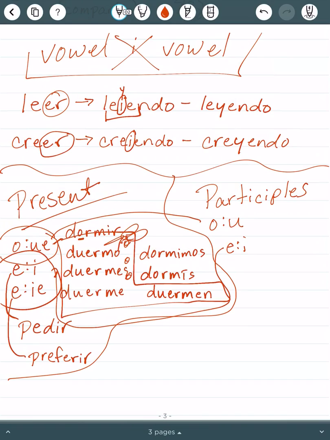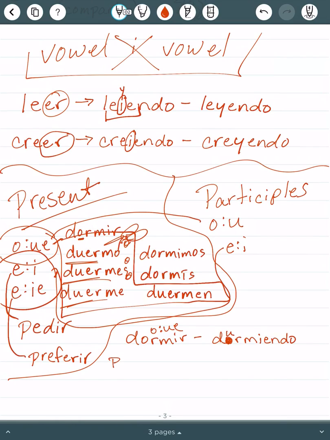So here's what we mean by that. Dormir, it's O to UE in the present tense. If we just follow the rules of what I've told you, it should be dormiendo, but because it's a stem change verb, we're going to keep that U. So we're going to change that O to a U. So instead of dormiendo, it's durmiendo.